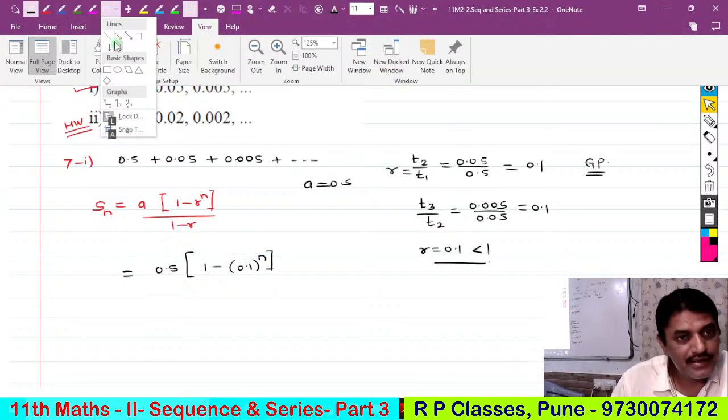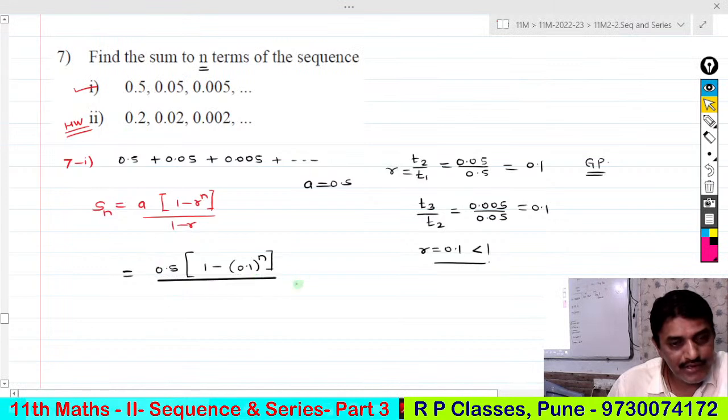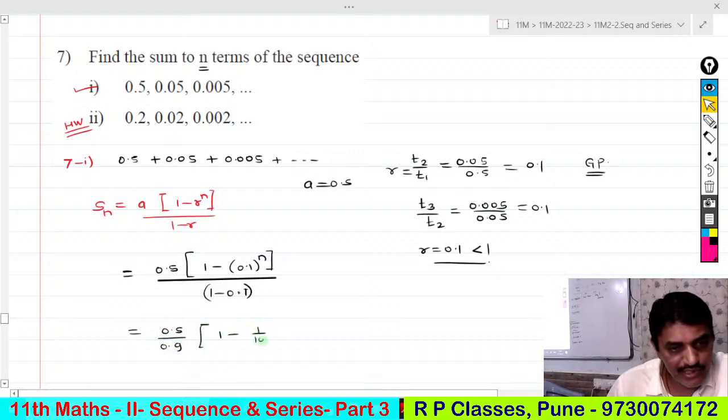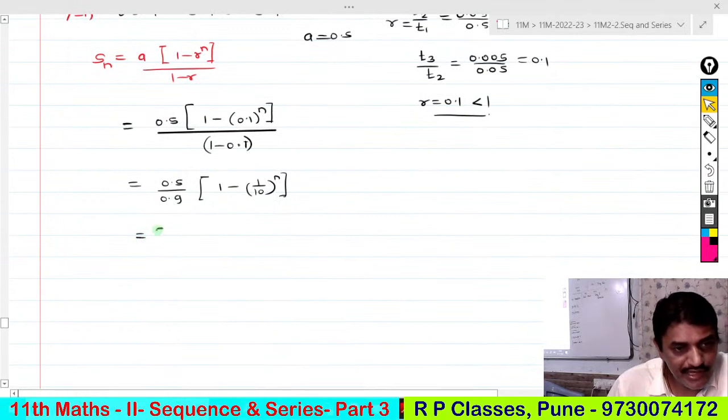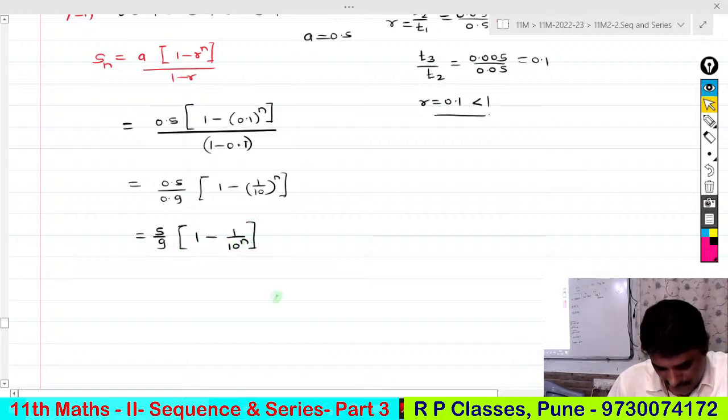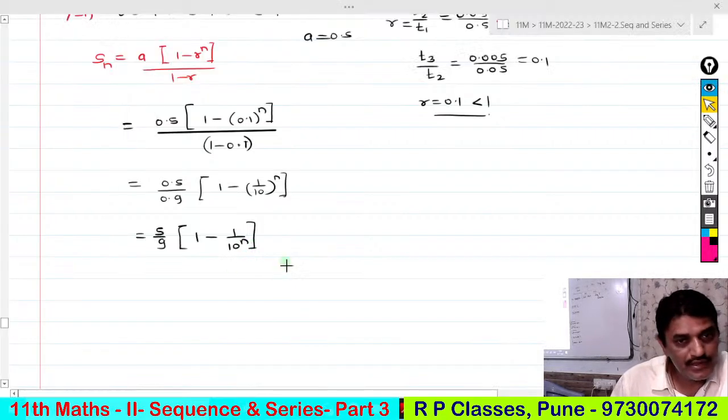Whole thing divided by 1 minus 0.1. 1 minus 0.1 is 0.9. This is 0.5 upon 0.9, correct? Inside the bracket we get 1 minus 1 upon 10 raised to n, correct? 1 raised to n is 1. So this comes to 5 upon 9 into 1 minus 1 upon 10 raised to n. That's it. Simple. Easy. Practice this a little, because in college exams this is likely to be asked.